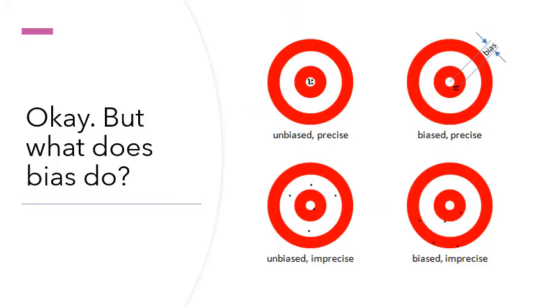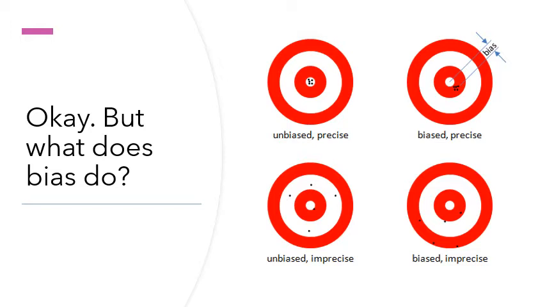Okay, so you might be asking yourself, what does bias do to a study? Well, for this next exercise, what I'd like you to do is imagine that you're throwing darts at a dartboard. In the top left image, you see that to be unbiased and precise, you're hitting every single dart there. Whereas if you're biased and precise, you're throwing the darts, but they're slightly off from the actual answer.